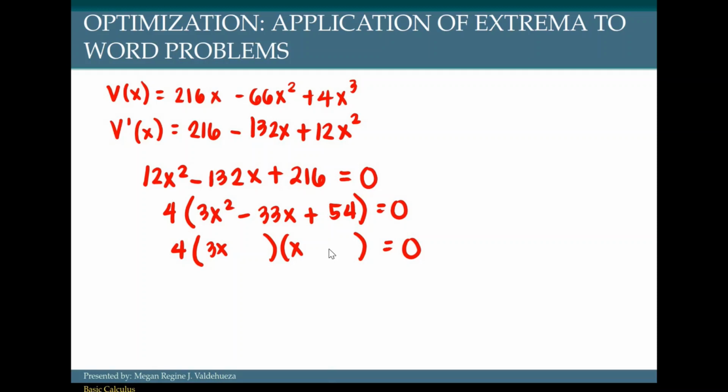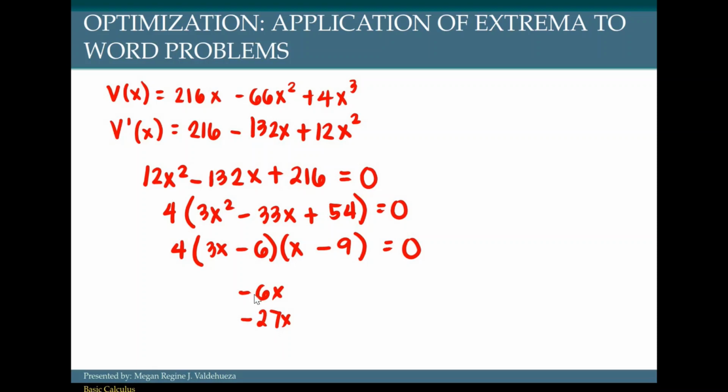So we have factors of 54. We can have negative 9 and negative 6. So 6 times 9, that is 54. And if we multiply the inner part, that is negative 6x, and the outer part, that is negative 27x, we get the sum.